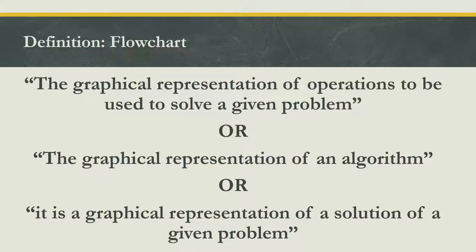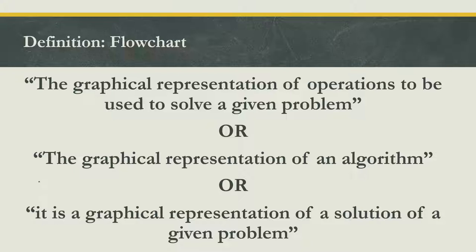So let us see the definition of flowchart. Any graphical representation of an operation to be used to solve a given problem. The flowchart is nothing but the graphical representation of operations such as addition, subtraction, moving of data, etc., to be used to solve a given problem. Or you can define a flowchart in different ways, such as a flowchart is a graphical representation of an algorithm.